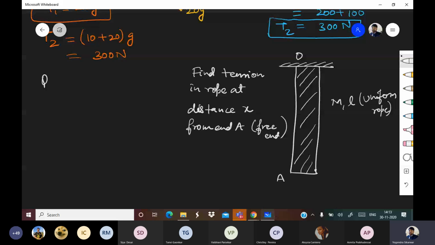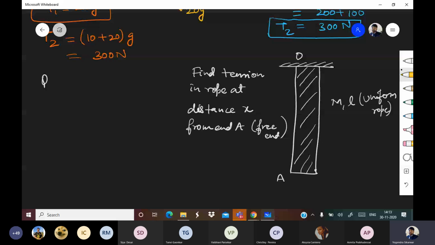Okay, pay attention everyone. As I told you, whichever is the point where you want to find the tension, you need to go to that point and cut the string or rope. Suppose I want to find the tension at this point P, which is at a distance of x from end A as per the question.